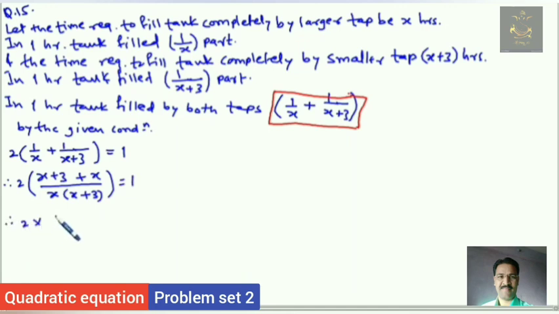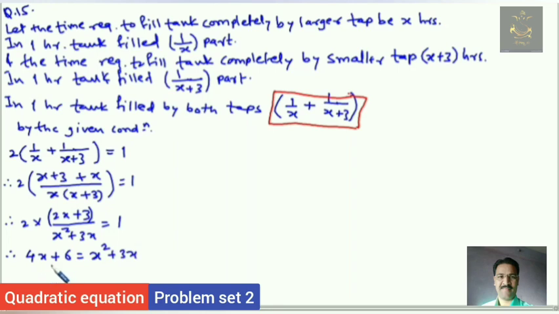That is 2 into x plus x, 2x plus 3, upon the denominator x square plus 3x, is equal to 1. We write this in a bracket. Now this denominator goes to this side, and this 2 we multiply to each term. That is 4x plus 2 threes are 6. Now this side, x square plus 3x.